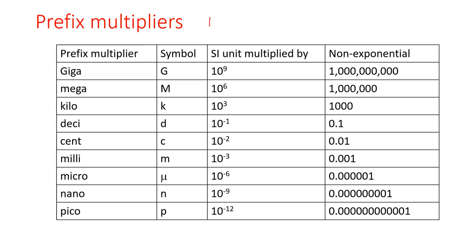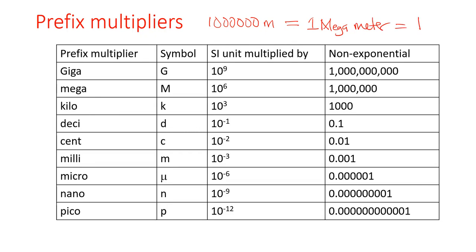So let's say I have 1 million meters. And I'm saying, nope, I don't want to do that because it's a big number and it's inconvenient. I can just say, oh, this is 1 megameter.